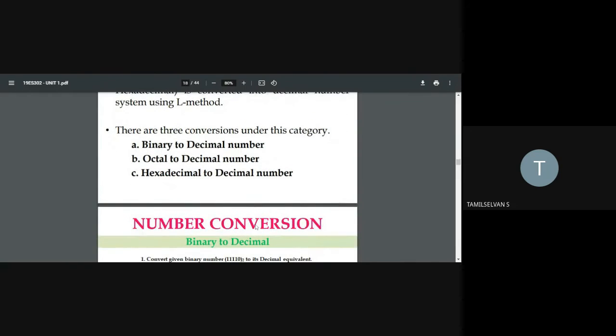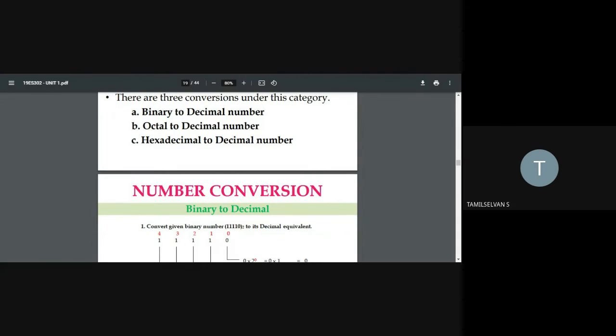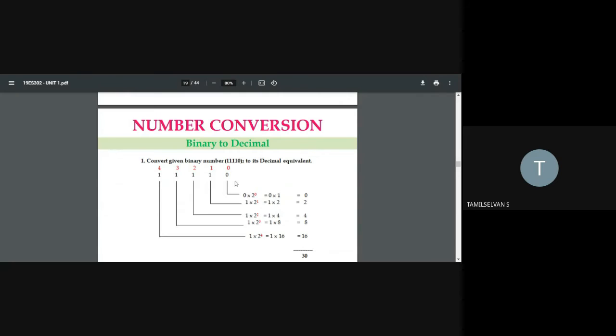In other number systems to decimal, first we look at binary to decimal. The input is binary and the output is a decimal value. It is also called the L method, and I use it with these formulas.